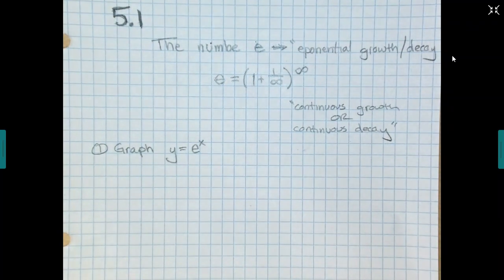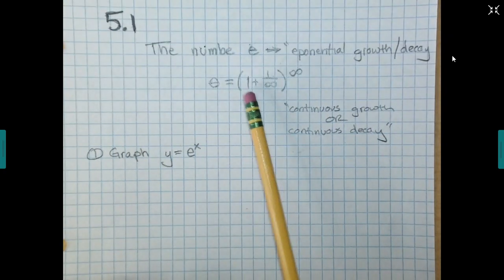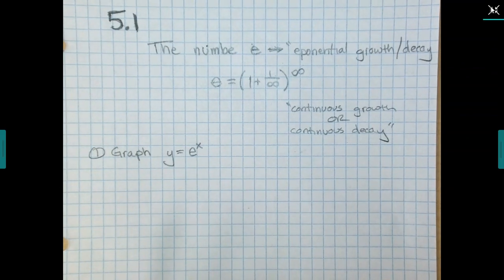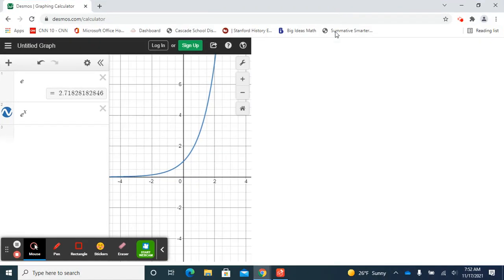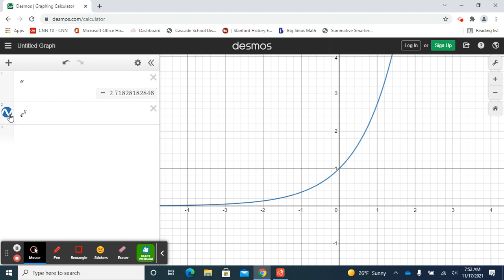E to the x value. Now, e actually has a value. It's not a rational number, but if you just put e into Desmos, this is what e equals: 2.71828182846, and so on.